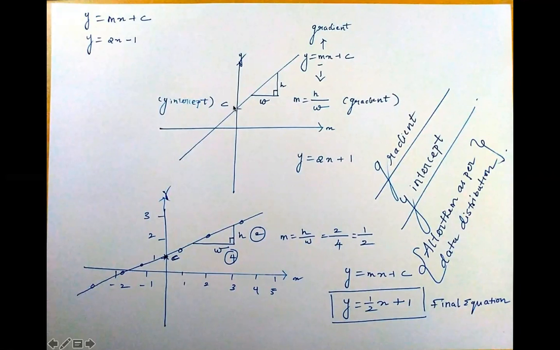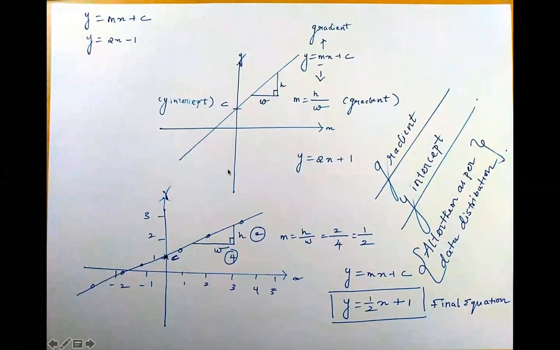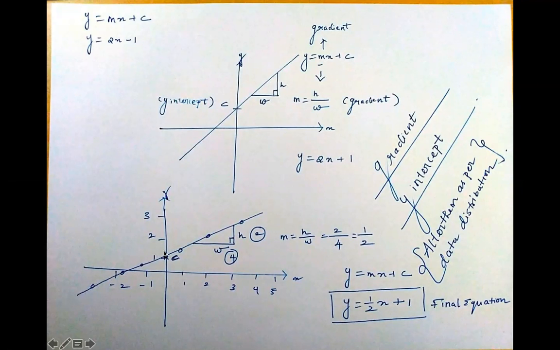c is the y-intercept. So these are two changeable, tunable parameters, so that we can draw a line on the data points. On knowing the y-intercept and the gradient, we can draw an exact line on the data points.